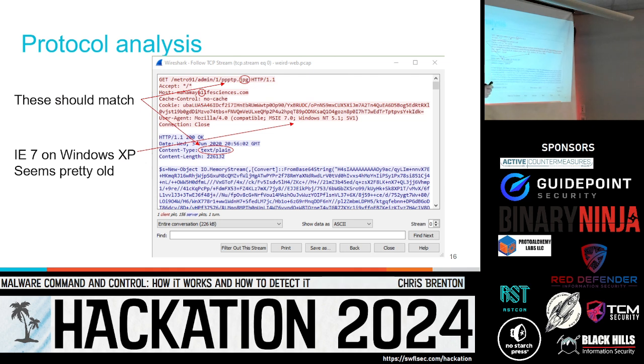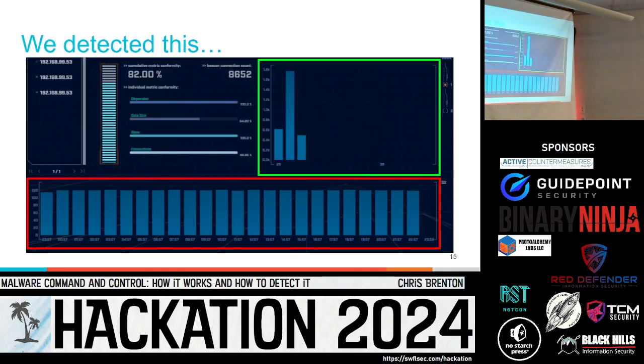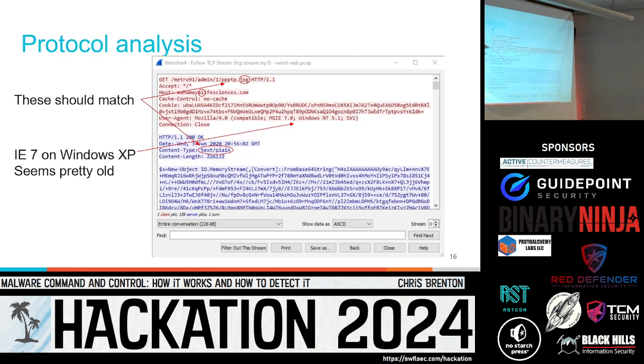I'm sure you can read this back here. This is about 120 times every hour. So every 30 seconds, my system is trying to get that same image file over and over again. That's a little weird, right?